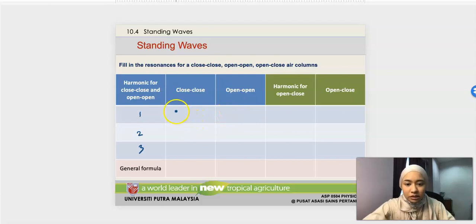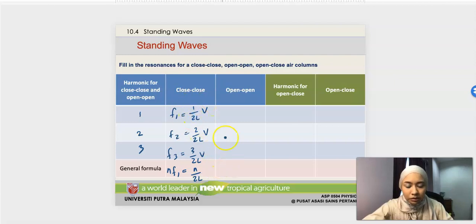So f1 equals 1 over 2L times v. f2 is 2 over 2L times v. Sorry, f2 is 2 over 2L. f3 is 3 over 2L times v. So the general equation is n f1, which is n over 2L times v.